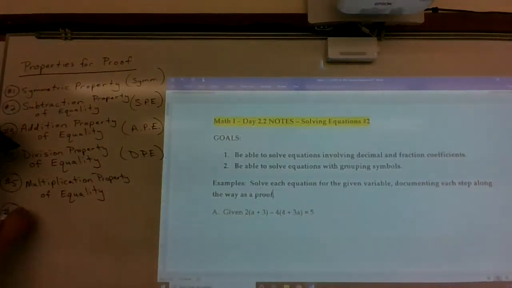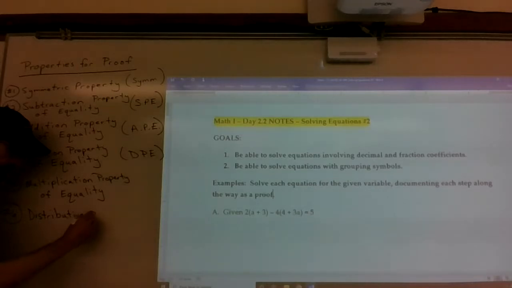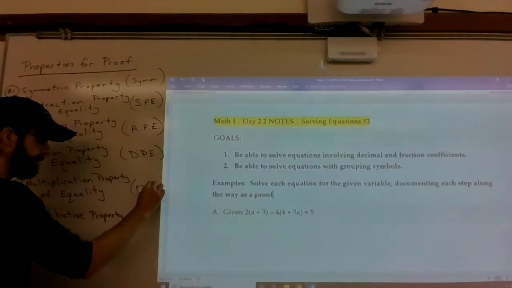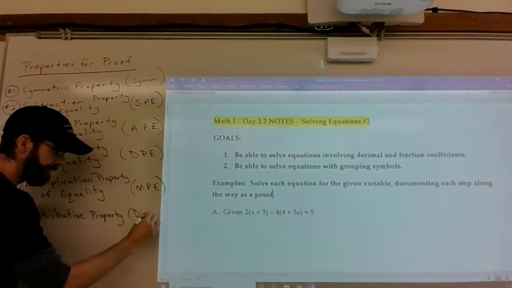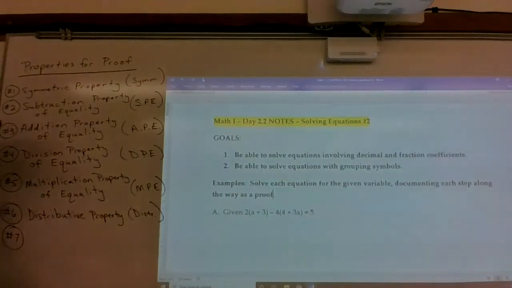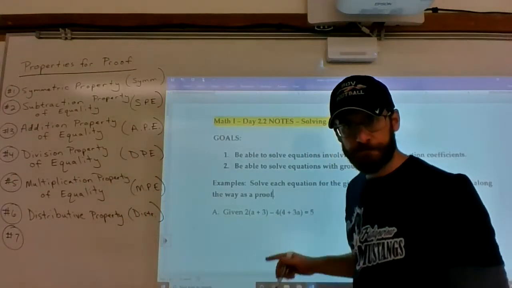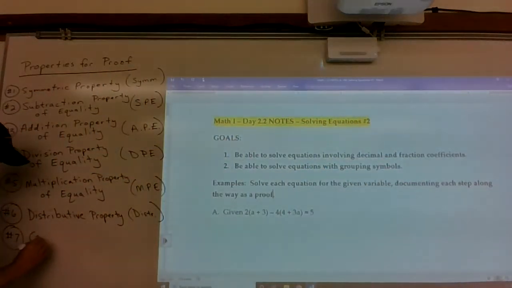So we have to bring the distributive property back. This was LPO. Remember, the distributive property was when we multiplied to get rid of parentheses. We have the commutative property.